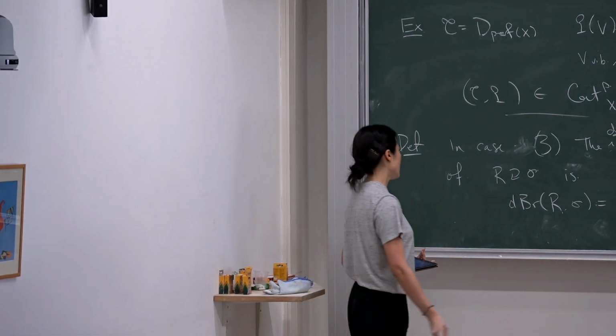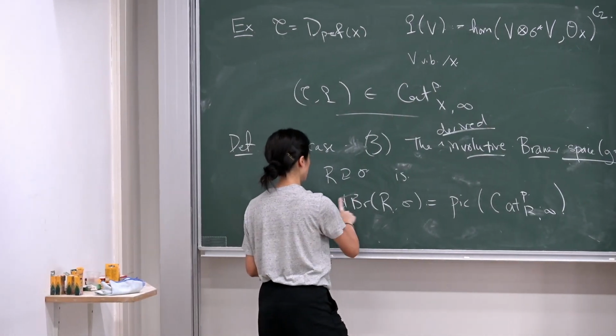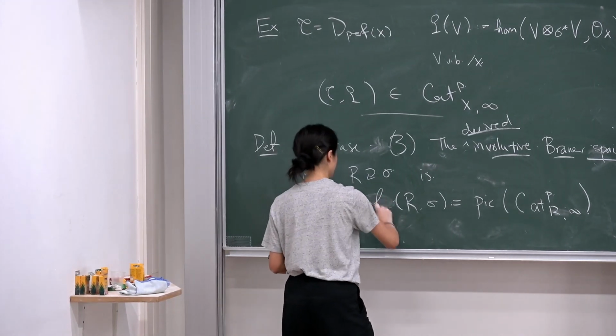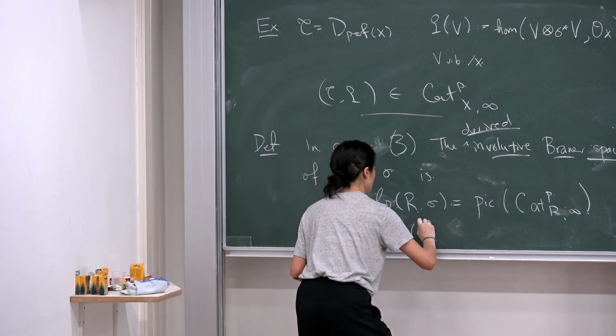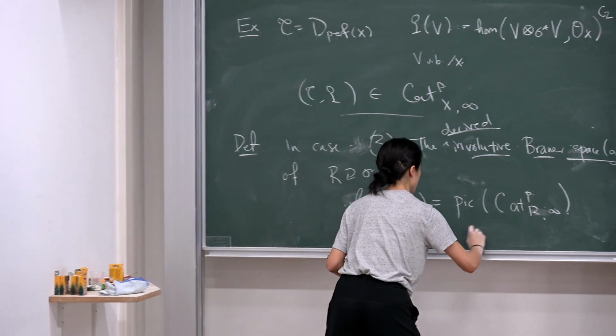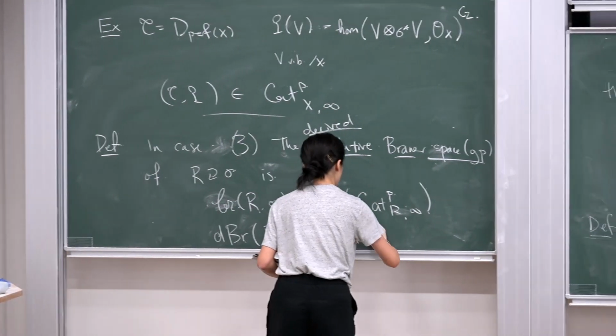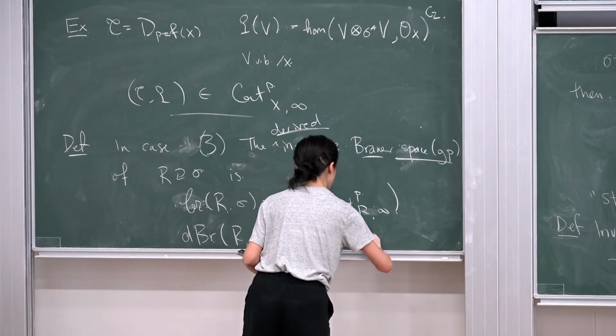And I'm just going to define EBR R as just pi 0 of the connective spectrum above.